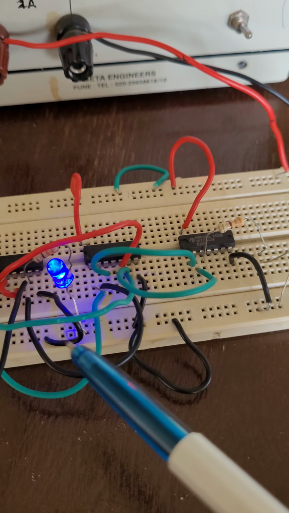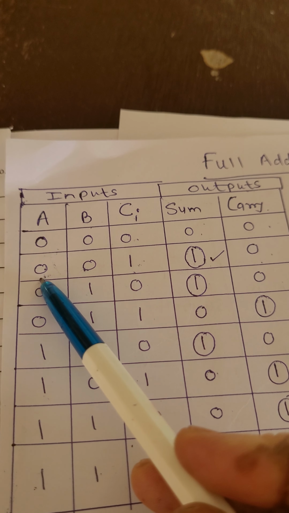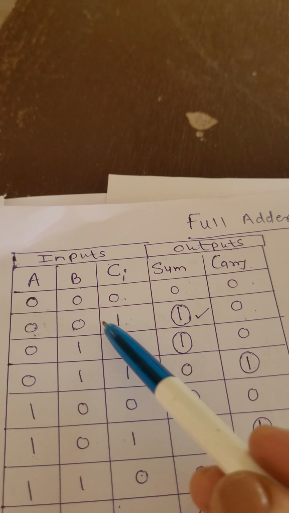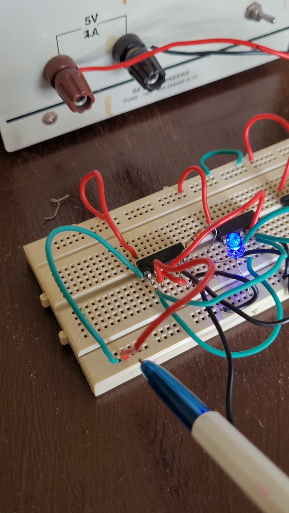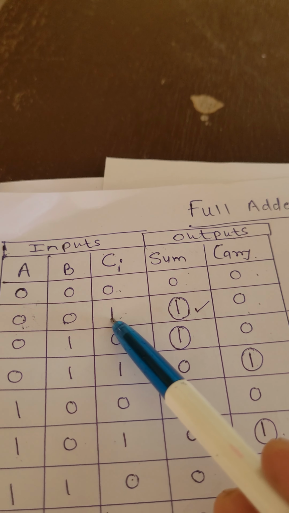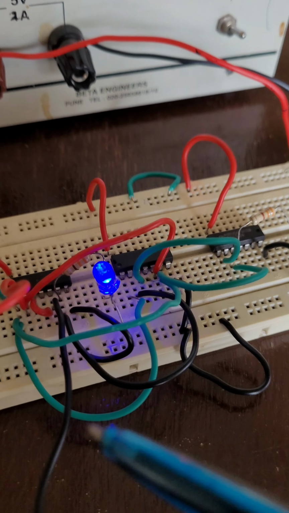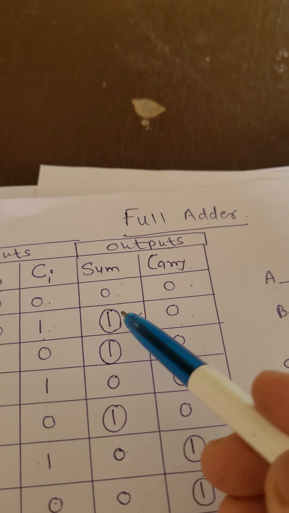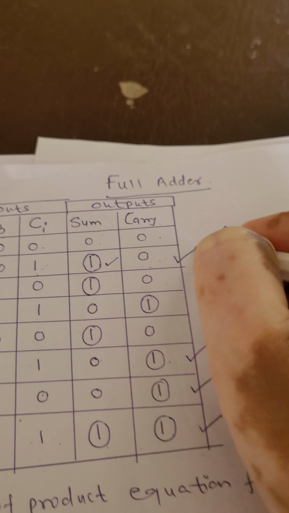I got sum output high, carry output 0. Let me check in the truth table. I made A 0. Yes, this green is ground. B is also 0. Yes, this B is my red wire, that is also connected to the ground. And CI should be high. Yes, CI is open over here, that means it acts as high. And I could see my sum LED is glowing and carry is not glowing. So sum is high and carry is not glowing. That means this is also tested.